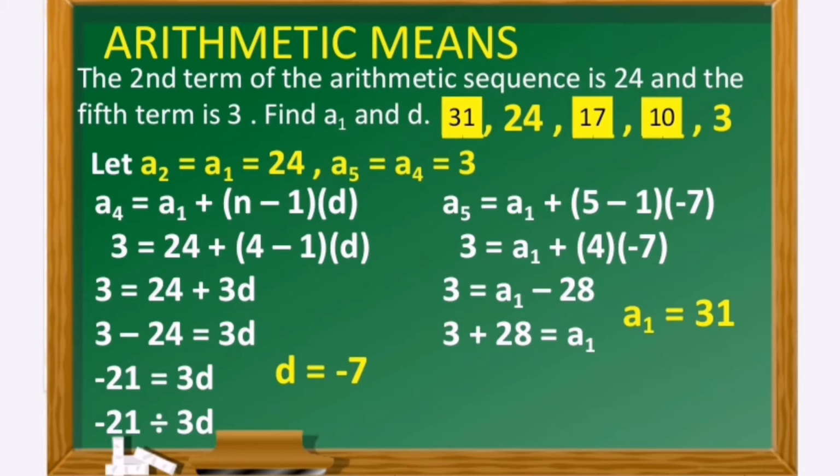Negative 28, when transposed to the other side of the equation, becomes 3 plus 28 equals a sub 1. And what would be our a sub 1 now? You've got it right. A sub 1 is equal to 31.